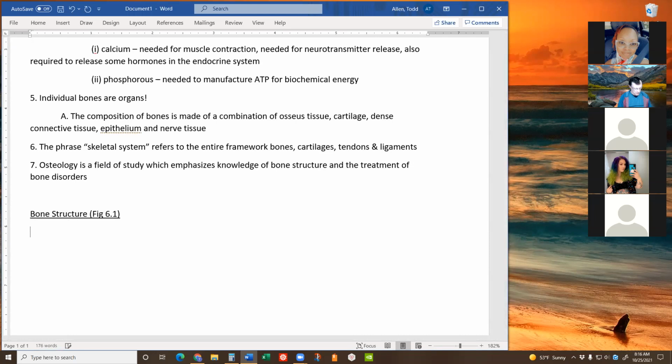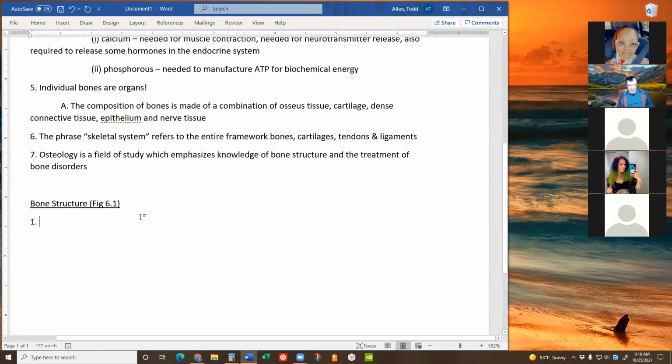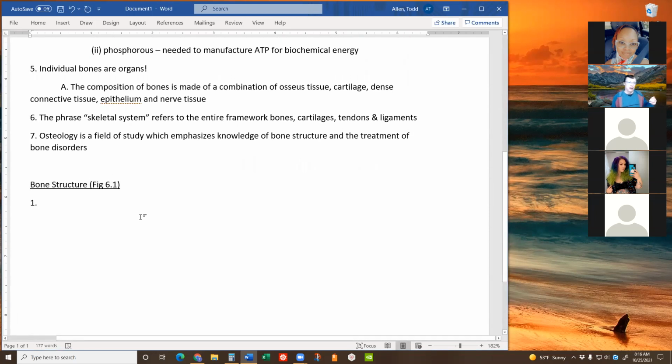Okay, gang. So a couple things to keep in mind. When we're talking about a long bone here, like the femur or the humerus, when we describe a bone as being a long bone, we're simply telling you that the length of the bone is longer than the width. That's all we're telling you.